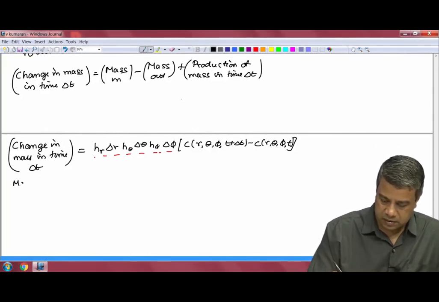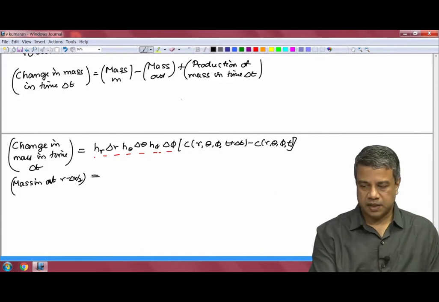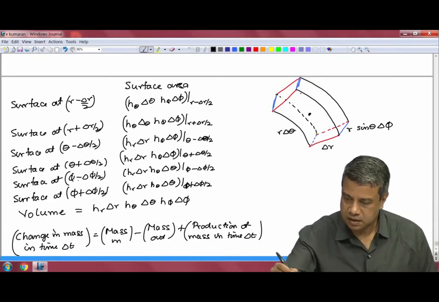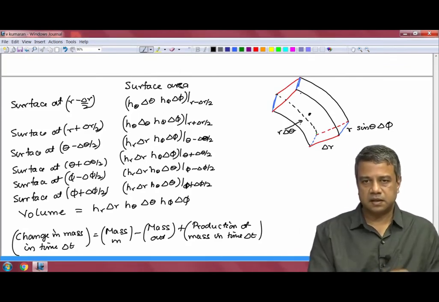Mass in at r minus delta r by 2. Okay. What is the mass coming in at the surface at r minus delta r by 2? There is mass coming in at this surface, at the inner surface.